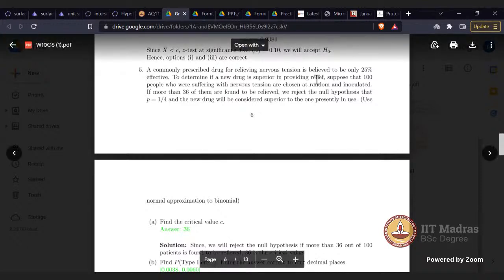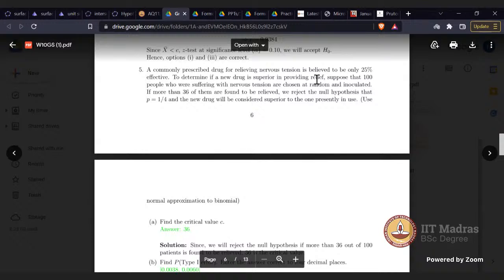See, read the first statement. It says a commonly prescribed drug for relieving nervous tension is believed to be only 25% effective. Now, to determine if a new drug is superior, if I want to say something is superior, it means I want the probability to be more than 25%. What I believe right now is that it is just 25% effective. It means p is 25 by 100, that is 1 by 4.